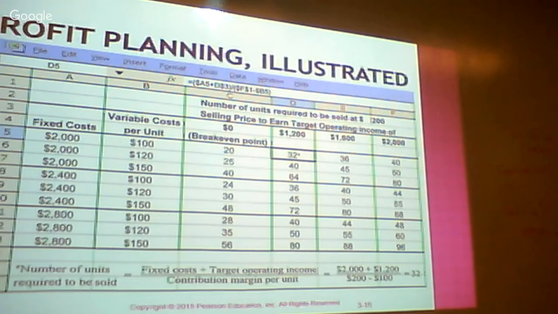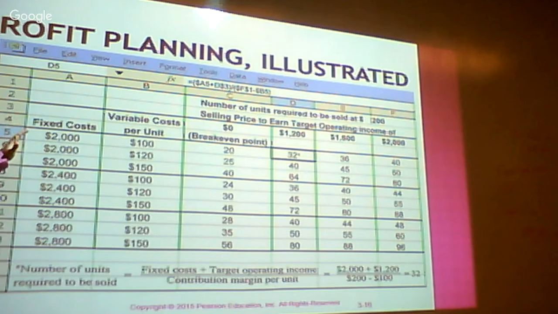So they have a wonderful little chart here that really helps you in determining what you would do given the situation. In this case, we have 3 groups of fixed costs.